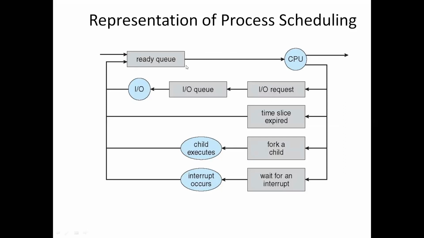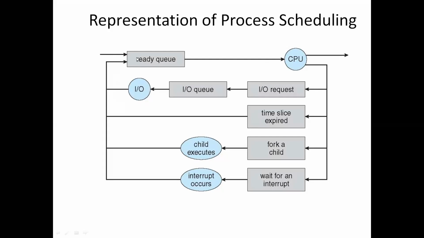You can see here, this rectangular box represents the queues. Resources needed are represented by the circles. You can see here, the CPU is a resource, IO is a resource. Resources are represented by using circles.